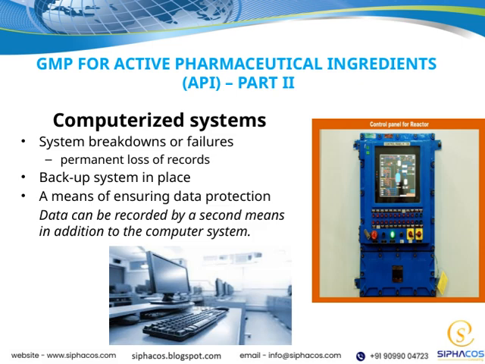Consistent, reliable documentation ensures that every step of the process is traceable and verifiable, which is fundamental to GMP. So, having a backup system and multiple means of recording data isn't just a technical detail. It's a critical component of ensuring quality, compliance, and ultimately, patient safety.